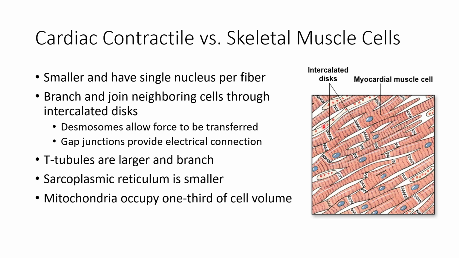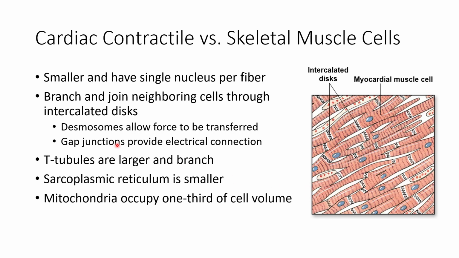What this allows is for force from one muscle cell to be transferred to another. That happens through little gap junctions and desmosomes, and we can then have a unified contraction through all of our myocardial contractile cells.